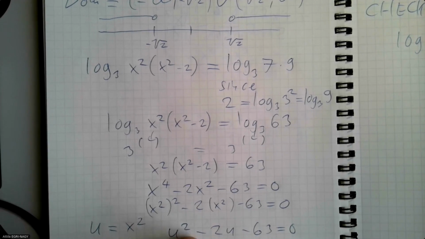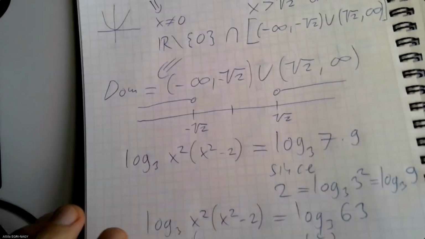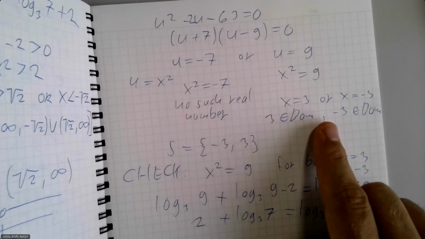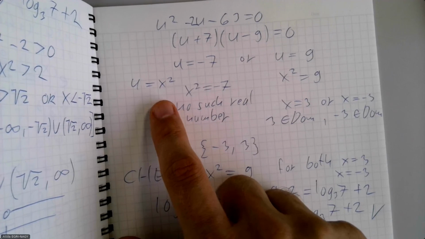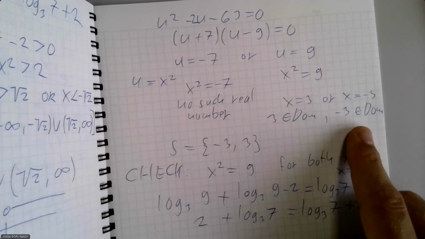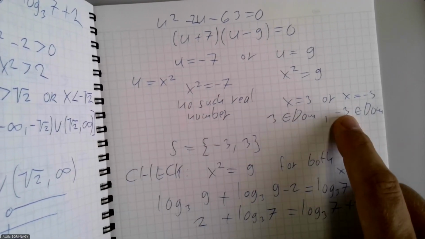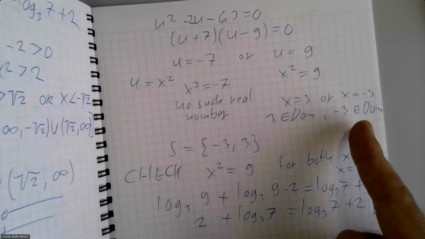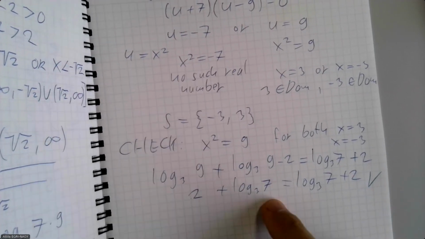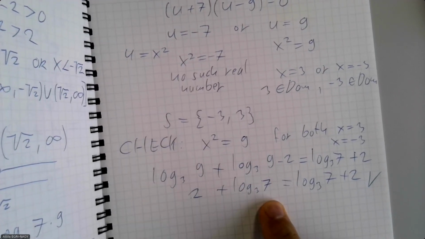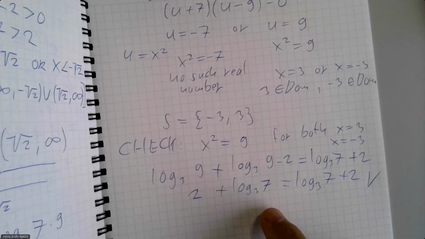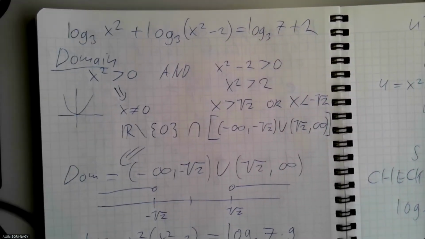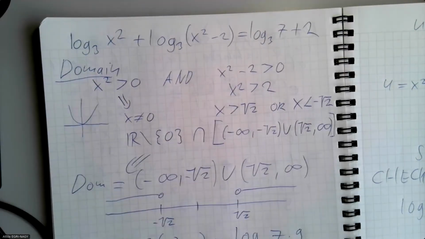So we use this trick of introducing a new variable, solving that quadratic, and then unpacking this box where we put x squared and figuring out the solutions for x. We checked against the domain, and that was fine, but just to make sure, we checked it directly by substituting into the original equation. So that's solving this logarithmic equation.